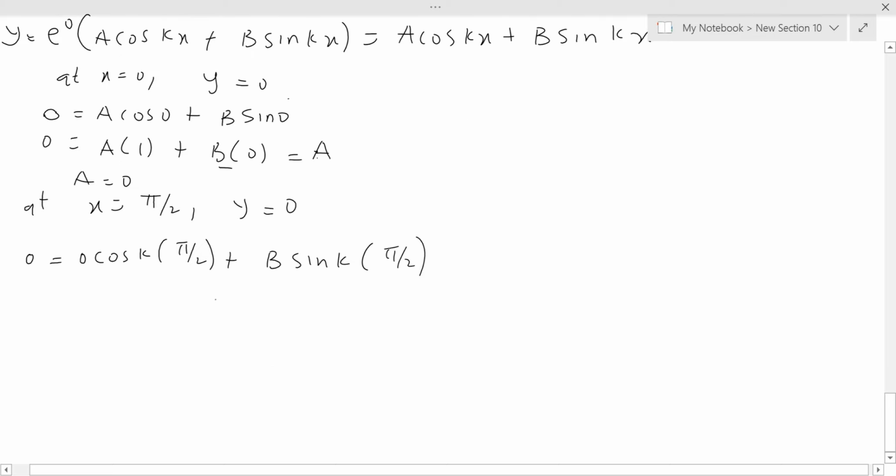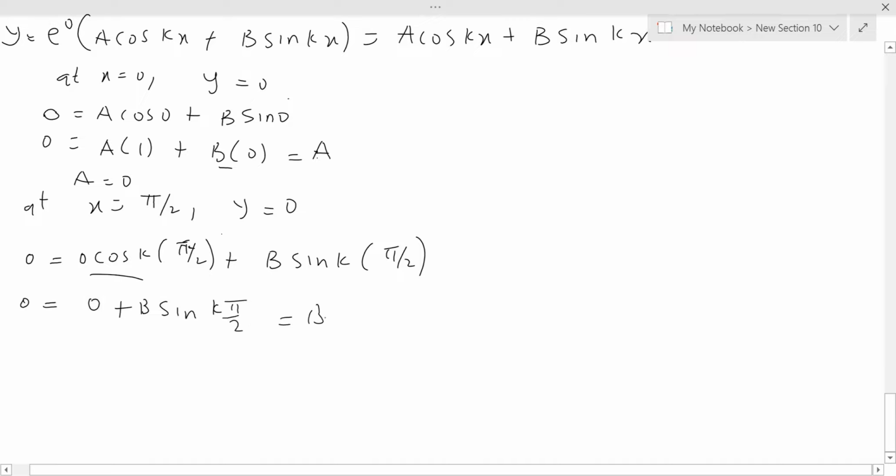Okay, so with this, because what is multiplying cos is 0, so the whole of this is 0. Then we get b sine k pi over 2.